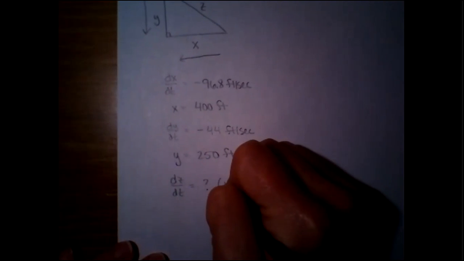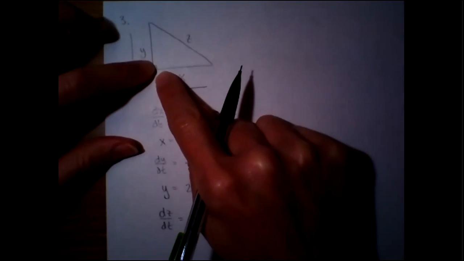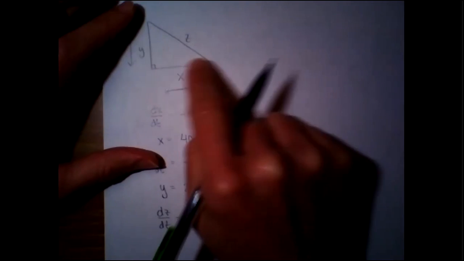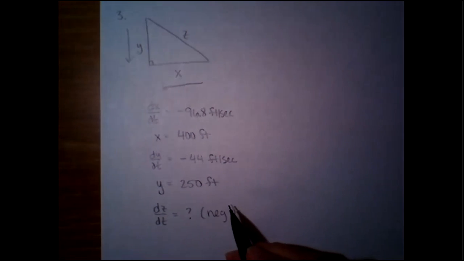Yeah, good. That is going to be negative. Because if the car is going this way and the truck is going this way, they're getting closer to each other. So that distance z is going to be getting smaller and smaller, until we're worried that, oh my gosh, they might actually hit each other. All right, so we're expecting that to be negative.